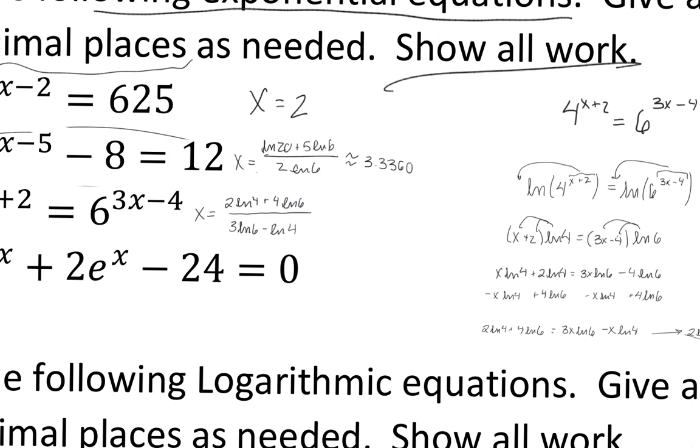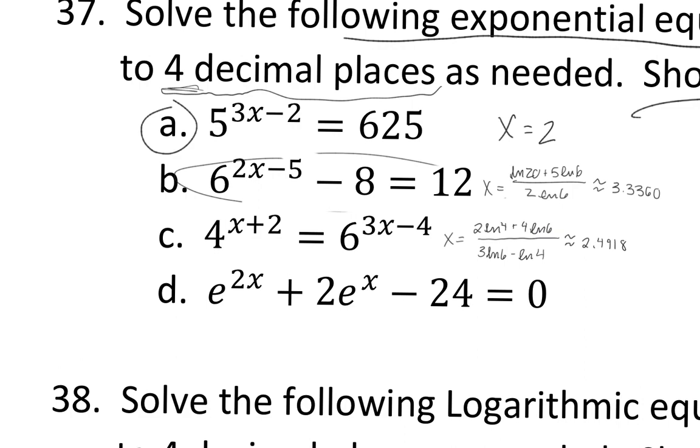And then plugging that into the calculator gives an approximate value of 2.4918. Again, just because we need to go to 4 decimal places.